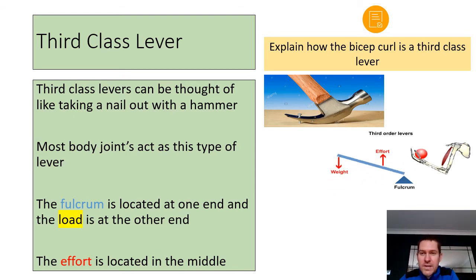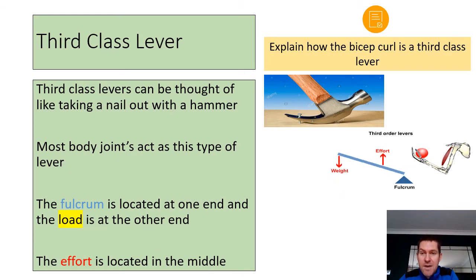So we've got to focus on that insertion point, the bicep being attached to the forearm, the radius, which is pulling that forearm towards the shoulder. And that's why the effort is in the middle, as we would expect in a third class lever. So in terms of an explanation, the fulcrum is at one end, here on the right hand side of the diagram.